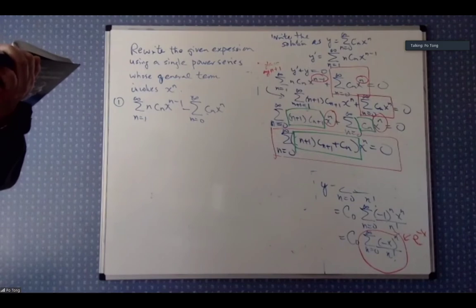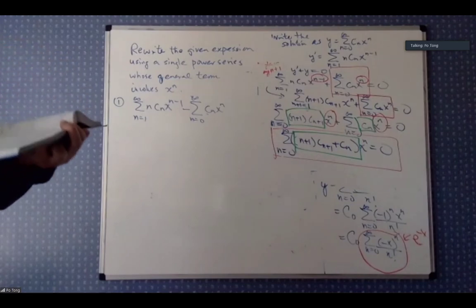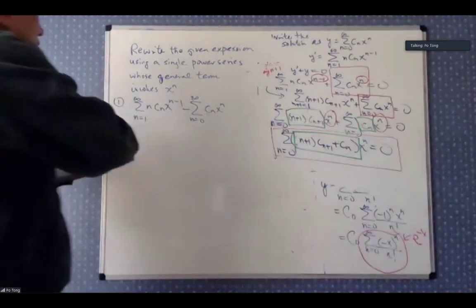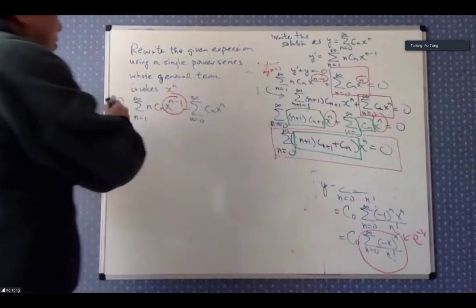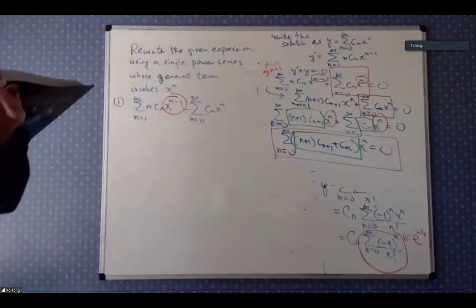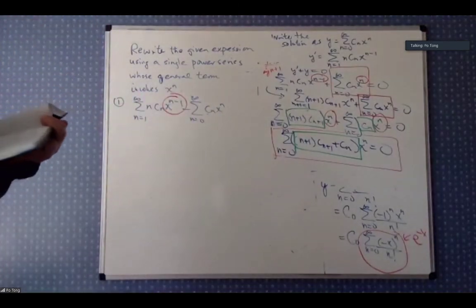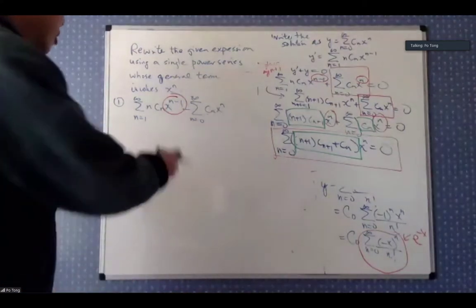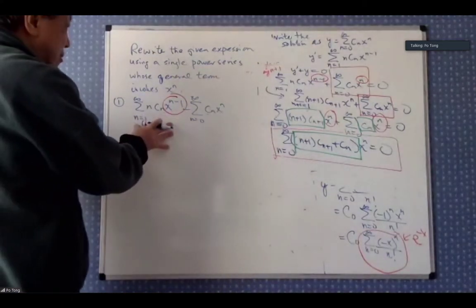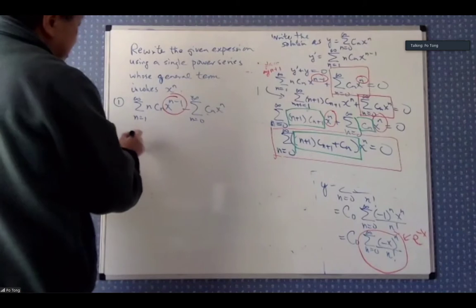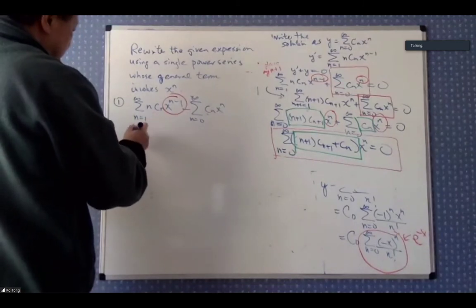So what should we do? We need to change this guy to x to the power n, right? So we should do a replacement for the first part. Replace n by n plus 1.